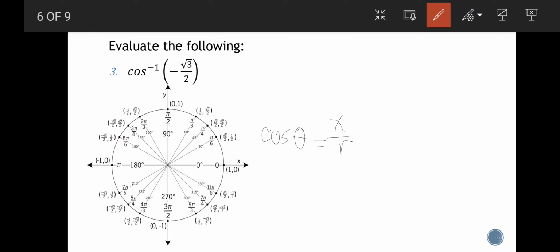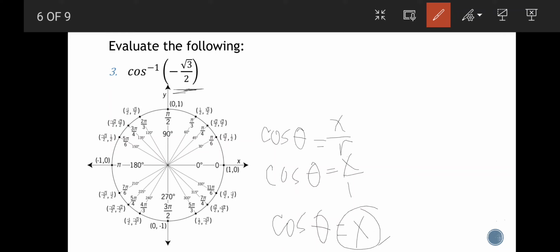Or if we're using the unit circle, radius is 1, so that will simply be x over 1, or that is x. So we will be looking for the x coordinate that has negative square root of 3 over 2 as its value.